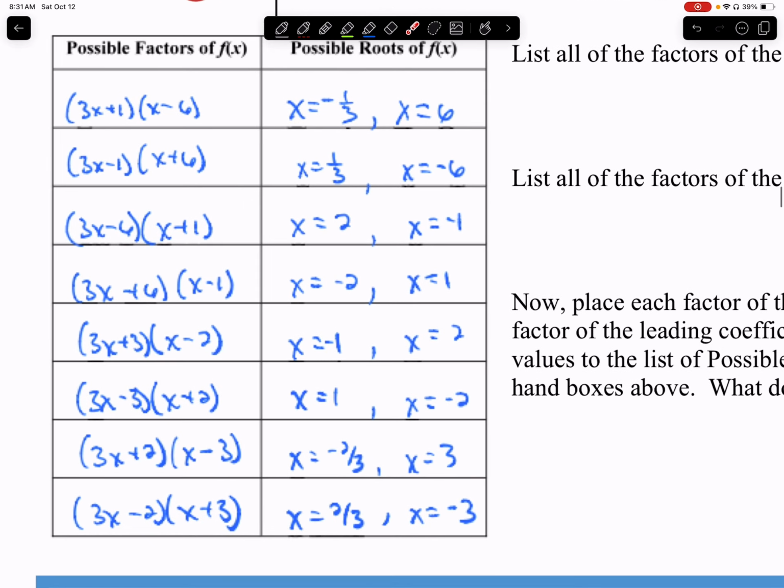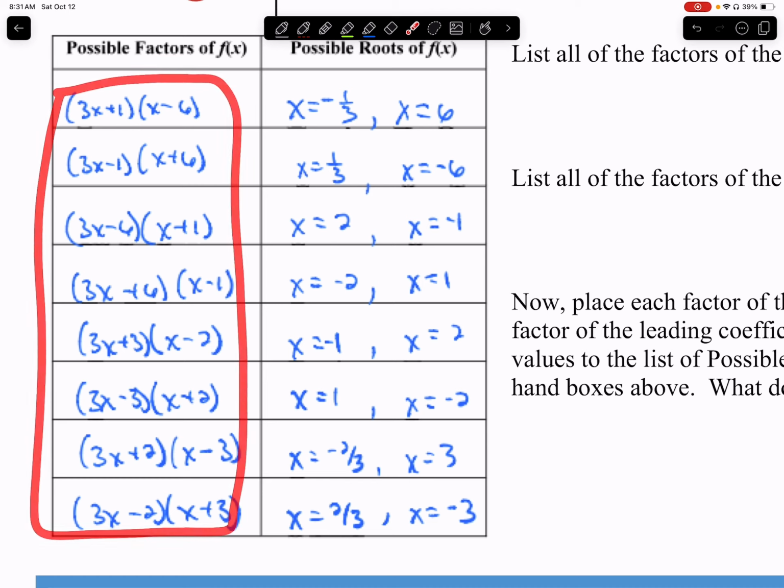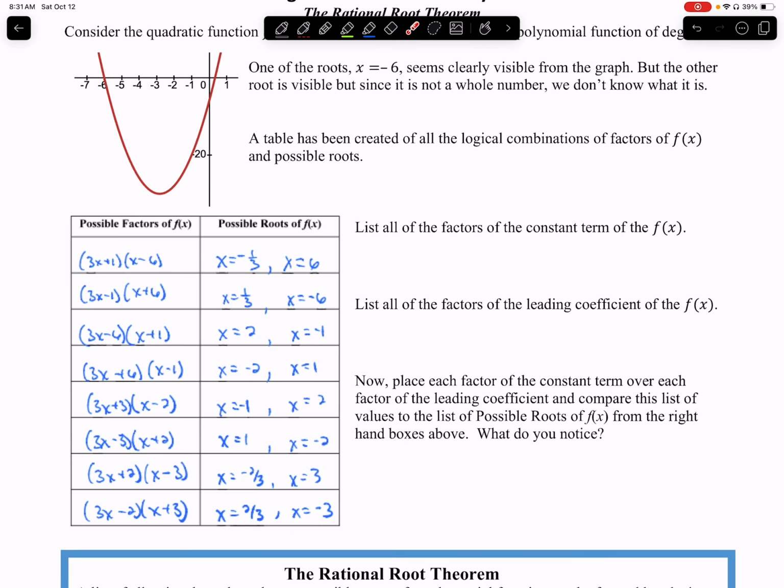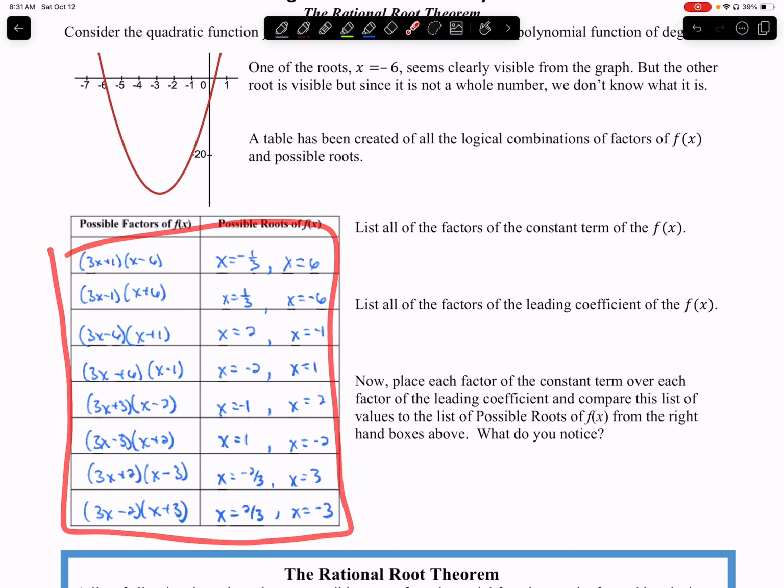For example, if you look at this table here, here's a bunch of combinations of factors that multiply to get the proper first term and last term of that polynomial, but maybe the middle term isn't right. And from each of these factors, we get these roots. If we didn't know how to factor, this would be a horrifying experience. There's just so many combinations.